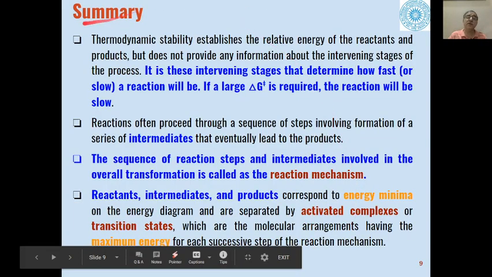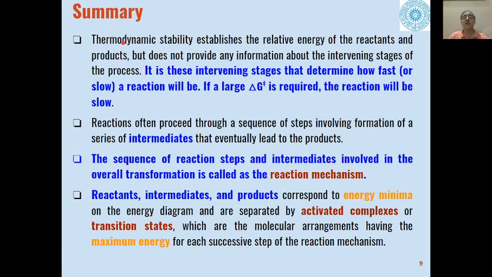So in conclusion, the thermodynamic stability will determine the relative energy of reactants and products, but this does not provide any information about the intervening stages. That means the intervening stages, the transition states and the intermediates.